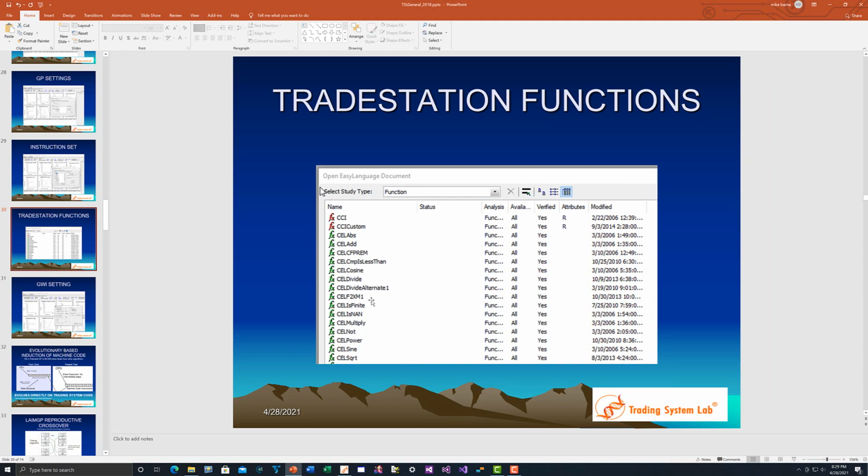This is covered in the user guide, but if for some reason you do not get a translation that occurs correctly, there's a way to quickly change the EasyLanguage function from divide to divide alternate 1, and that may in fact solve the translation problem that you would be having with that code. Obviously, we're here to help you if that becomes an issue.